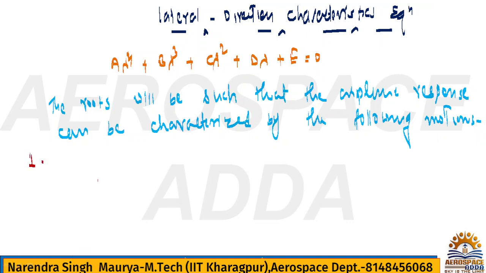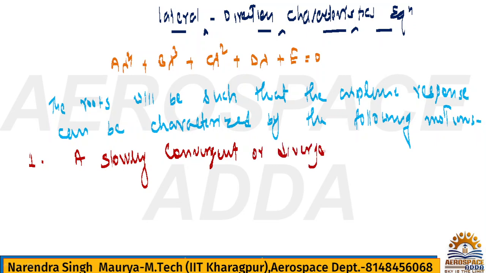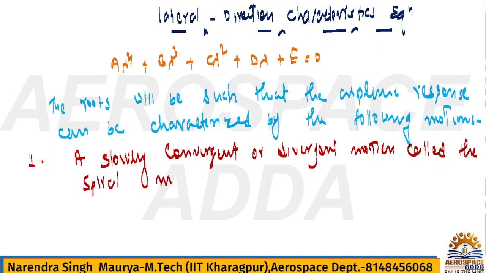So this first one is a slowly convergent or divergent motion, called the spiral mode.